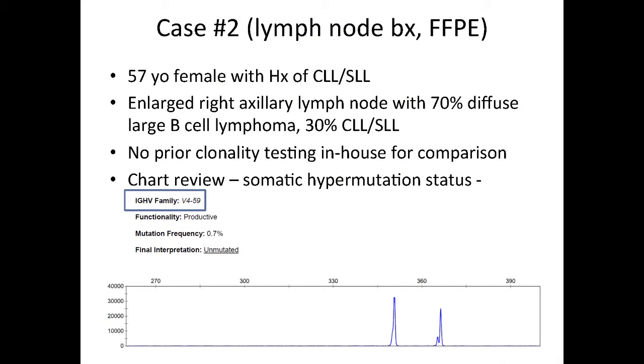Now, this is case number 2. This is a 57-year-old female with a history of CLL, SLL, who then comes with an enlarged right axillary lymph node that by morphology looks like it was 70% diffuse large B-cell lymphoma and 30% CLL. So the morphologic diagnosis was this is a patient with history of CLL who now has Richter's transformation.